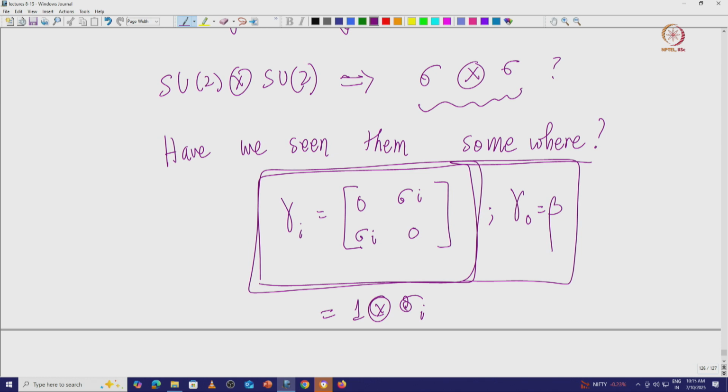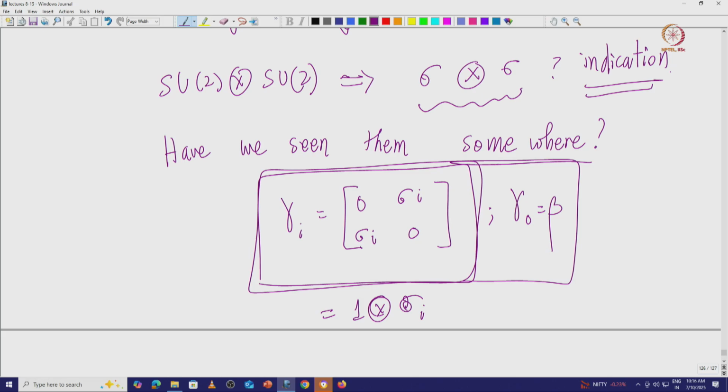So the gamma matrices form a representation of the Lorentz group. Why there are no two sigma matrices, we will come back to it, meaning why it is not a direct product of two sigma matrices. It is not exactly a direct product of this, but this is just an indication. As you go to higher and higher dimensions, this is the way we build the spinor representations for various dimensions of space time.